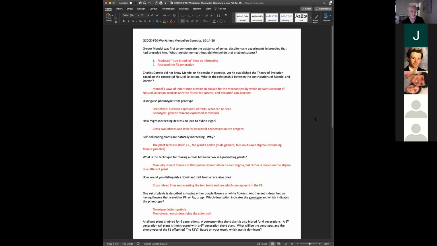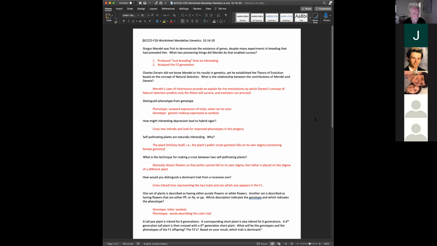Gregor Mendel was the first to demonstrate the existence of genes, despite many experiments in breeding that had preceded him. What did he do that no one else had done? Two things. He first had inbreeding exercises where he developed true breeding, completely homozygous lines. The other thing is, instead of stopping with the F1 generation, after he did his first cross, he went to the F2.